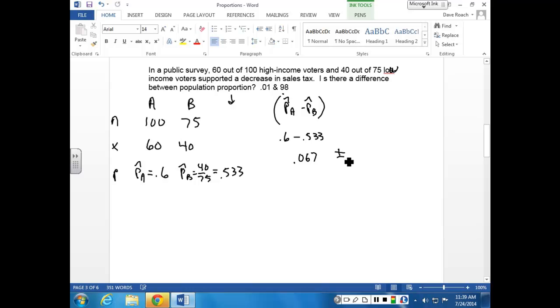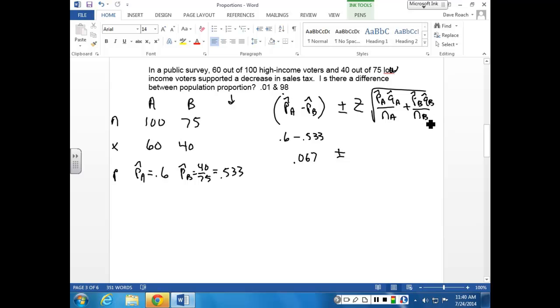Plus or minus Z times the standard error: the square root of P hat A Q hat A over NA, plus P hat B Q hat B over NB.